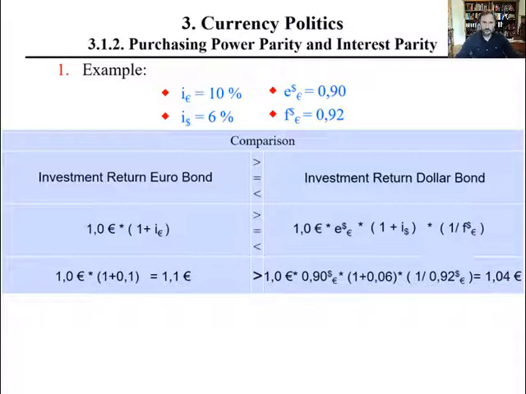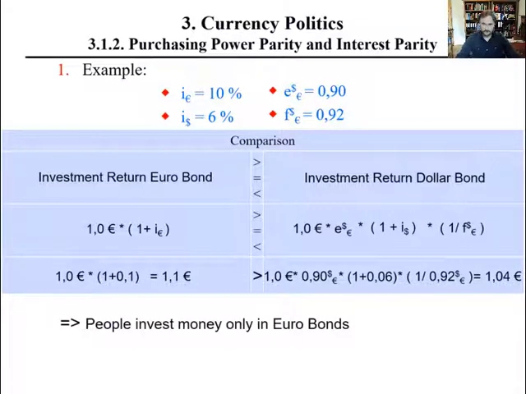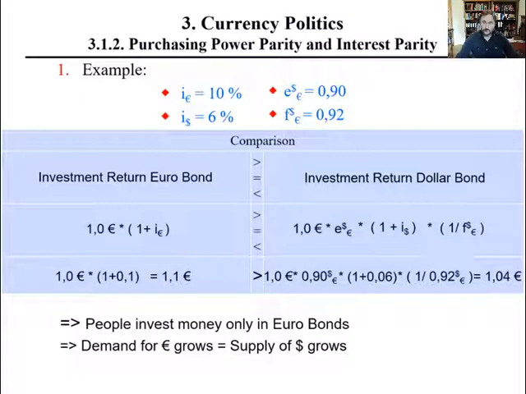Since the return of a dollar bond investment is lower than the return of a euro bond investment, people want to invest their money only in euro bonds. As a result of this, demand for euro grows, which means that supply of dollar grows.